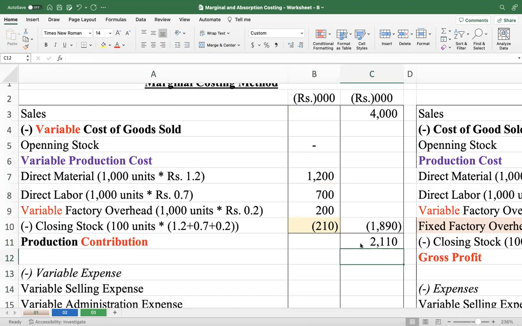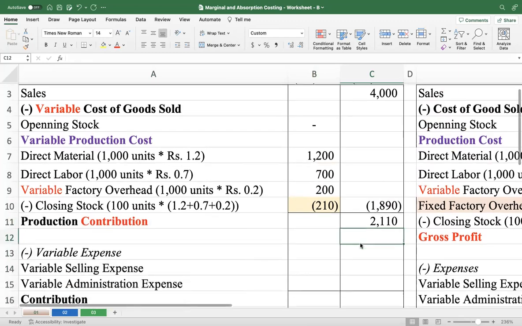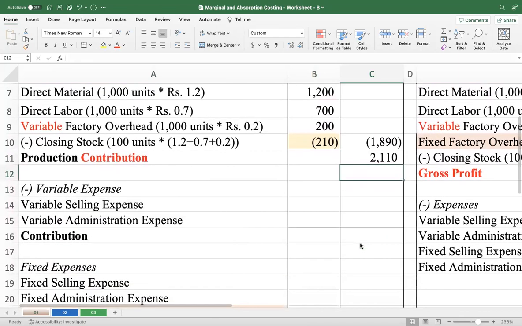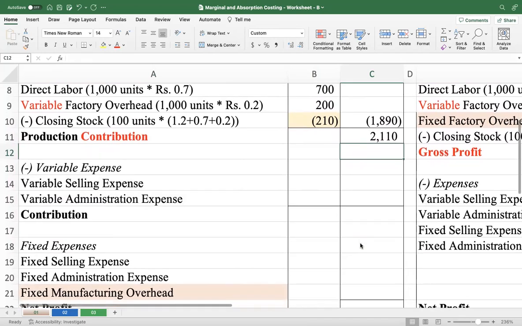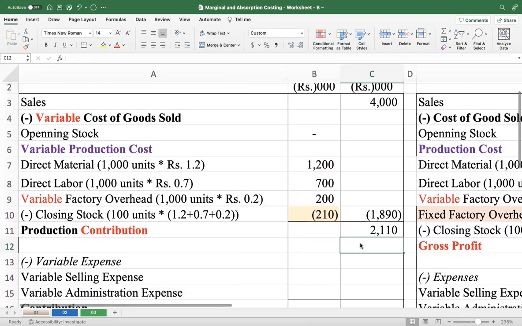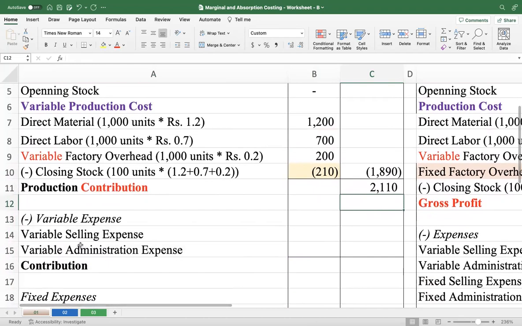So we had the production contribution as 2,110. Now let's deduct any other variable expenses that are remaining. Since we are preparing this account under marginal costing, we do not consider fixed costs here because we need to find the contribution first before going towards the net profit calculations.